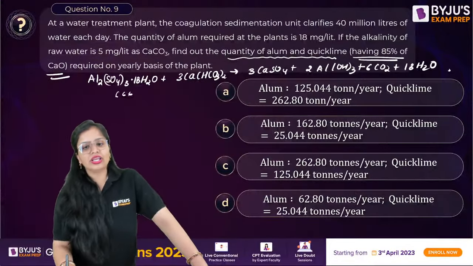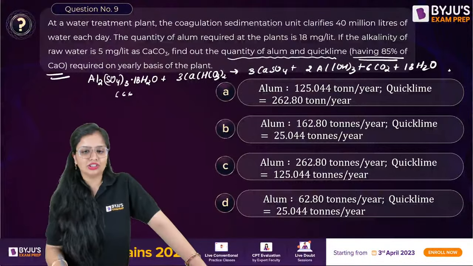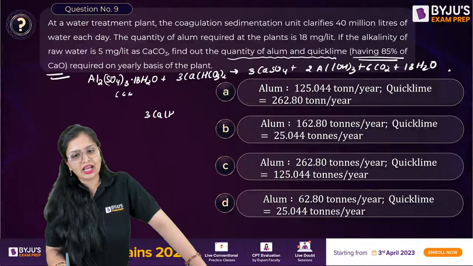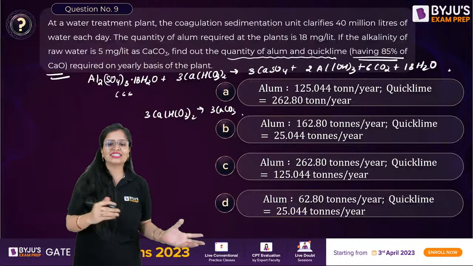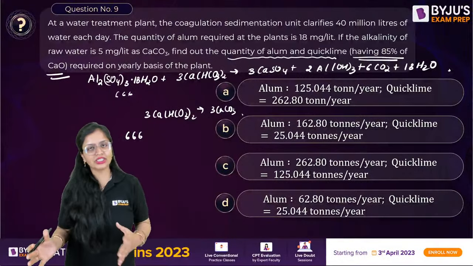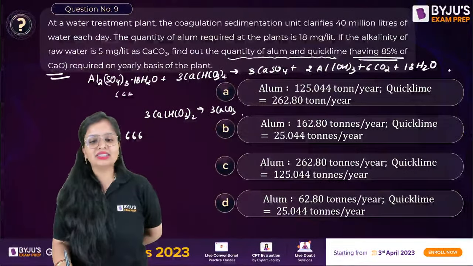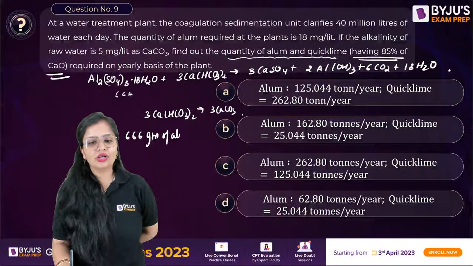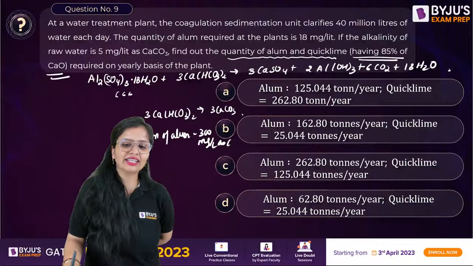You also know that if you want to add bicarbonate alkalinity, you need calcium carbonate. So I am not doing the whole thing, I'm telling you how that expression comes, and within seconds you get the answer. 666 grams of alum requires 300 mg per liter of alkalinity as calcium carbonate.